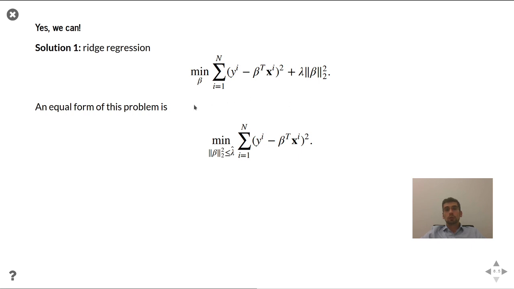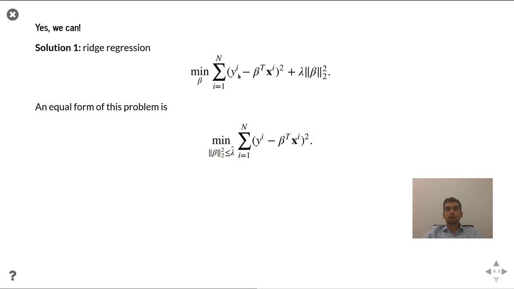The most direct way is that we want to solve a constrained optimization problem. We want to minimize the sum of squares with some additional constraint. So now we introduce some limitations for the norm of our set of coefficients.